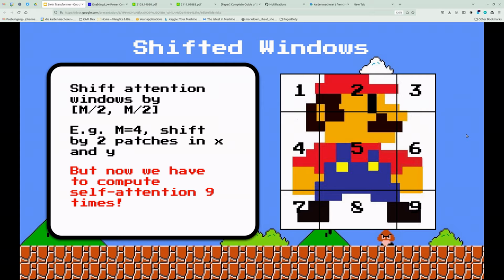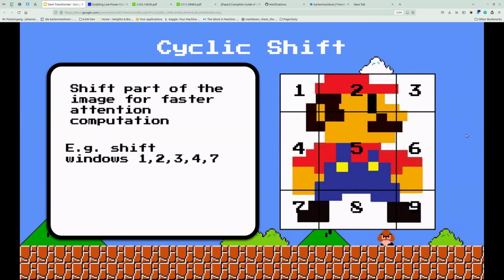So they do a little trick, which is called the cyclic shift. And the cyclic shift is basically just shifting parts of the image around, right? So we're shifting some windows, so for example, pixels.